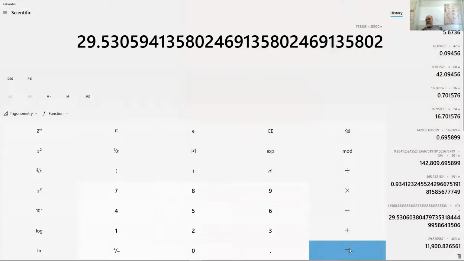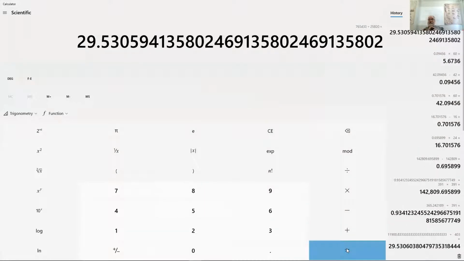When I do that, I will get 29.530941358, etc. days. That's how long a month is. Now that's actually so accurate that at the time, this is exactly how long the month was in about 300 to 500 BC. This is at the time in which they did this calculation. So it's an extremely accurate representation of the length of the month.